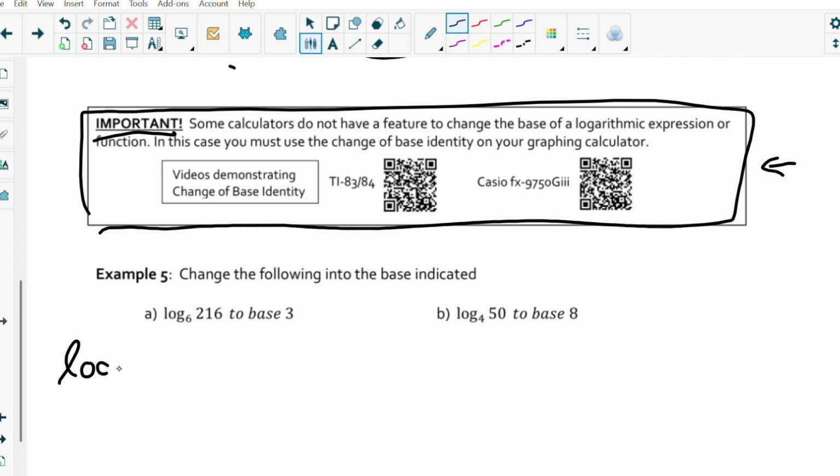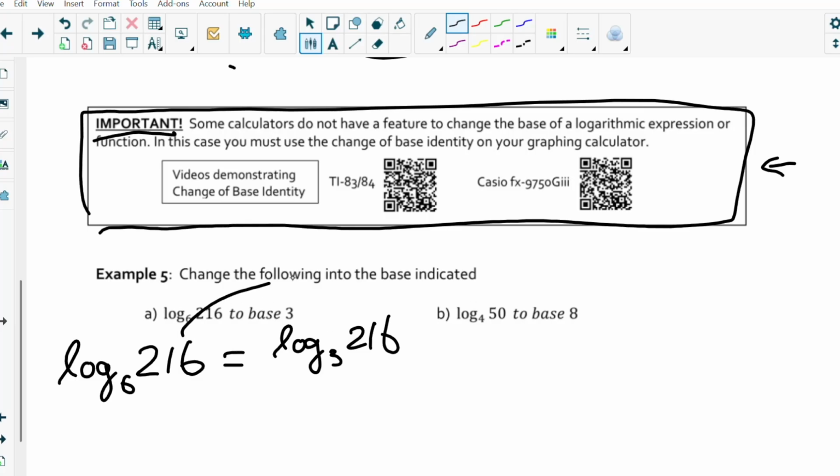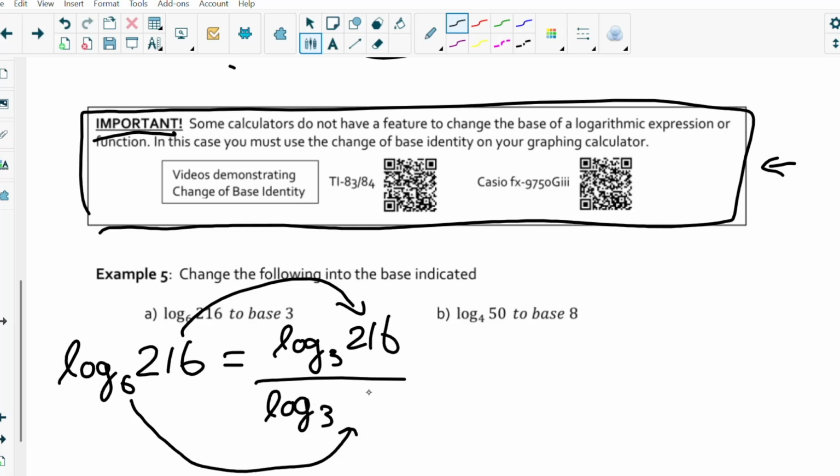Okay, change the following into the base indicated. If I take log base 6 of 216 to base 3, I'm going to use my change of base identity. So log to base 3 of 216. Remember that 216 comes over here, I create a denominator, log base 3 again, and I take the old base and make it the new argument.